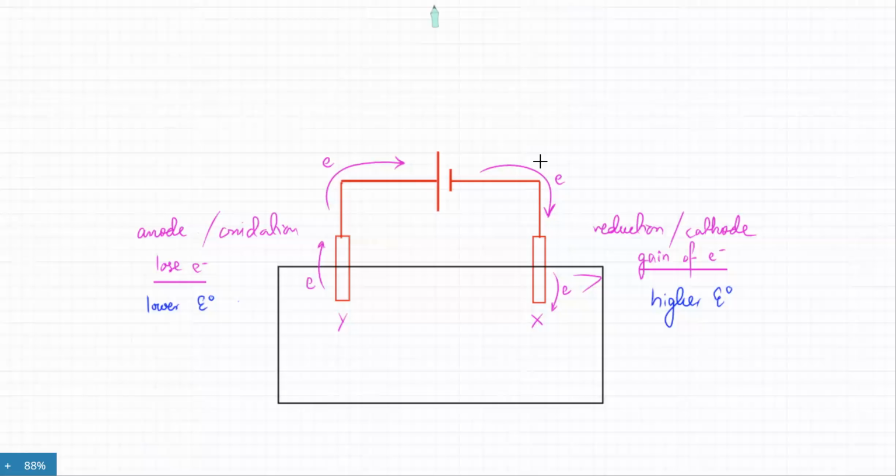So this solution is NaCl aqueous, and we'll do its electrolysis first.